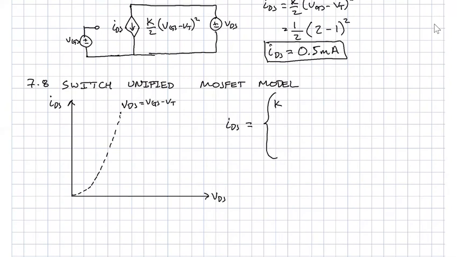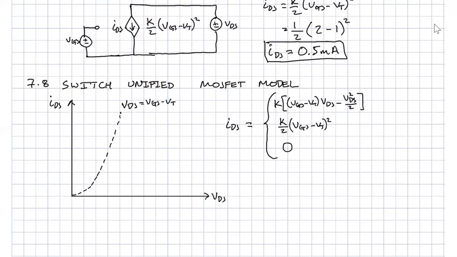We have K, same K that we just talked about, times (VGS minus VT) times VDS minus VDS squared over 2. And so there's triode. Saturation, we'd have K over 2, same thing we just did, (VGS minus VT) squared, and cutoff is 0. So there are the other criteria that we have to check here.